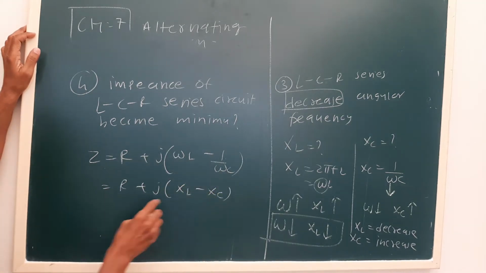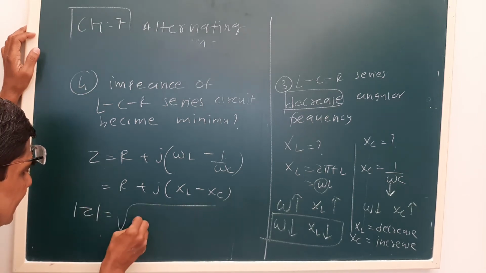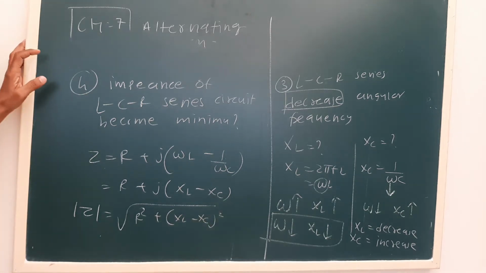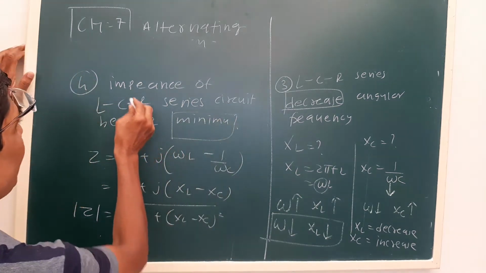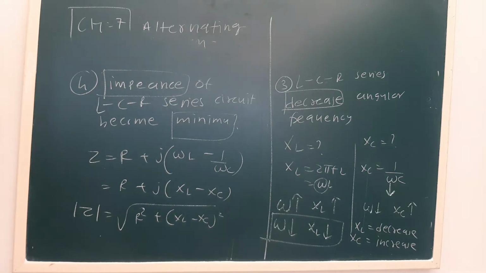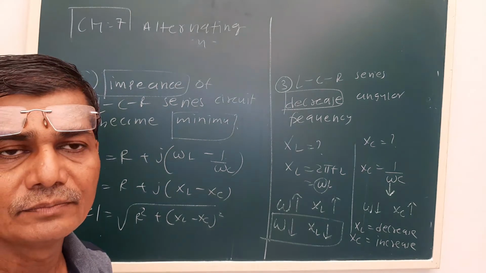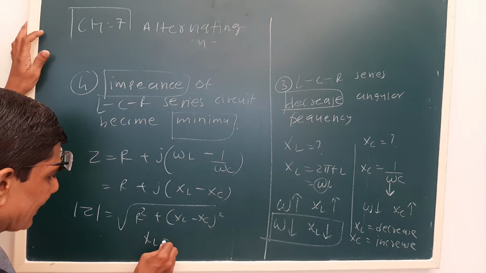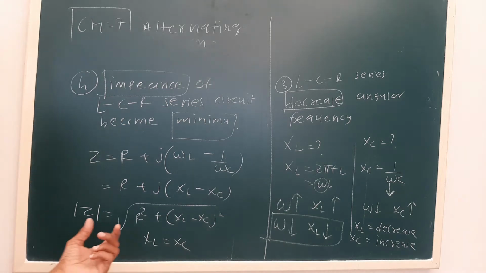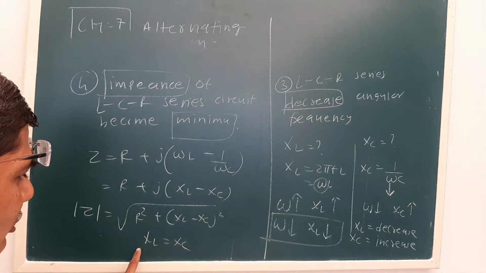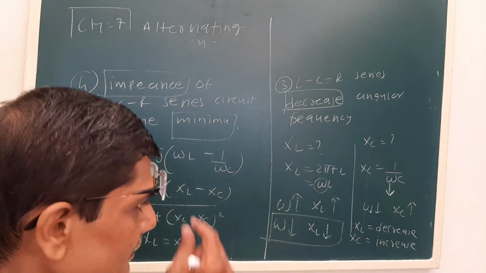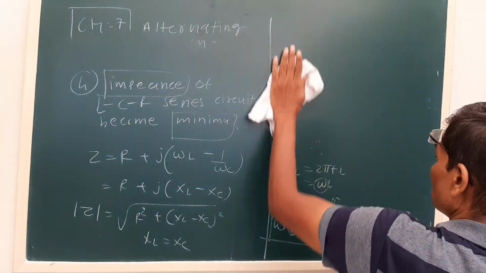This is the real part, and this is the imaginary part. Impedance Z becomes minimum when, for given values of L and C, omega is varied such that omega L, that is XL, becomes equal to XC. That is, the imaginary part becomes 0. Why? Because if XL becomes XC, XL minus XC will become 0. So the imaginary part will be 0.